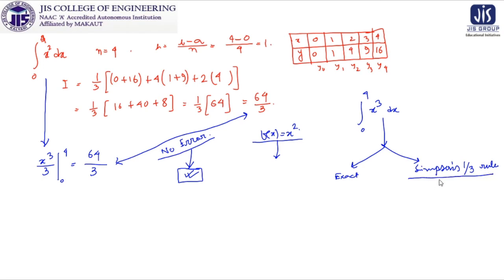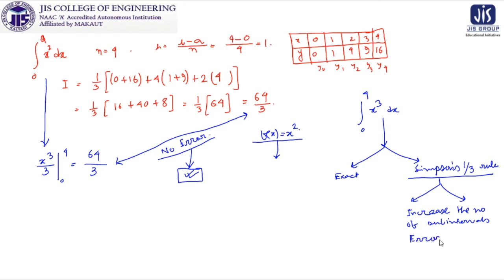And if you get the error over here, then check it and think about yourself, that if you increase the number of sub intervals, then whether the error is going to be minimized or not.